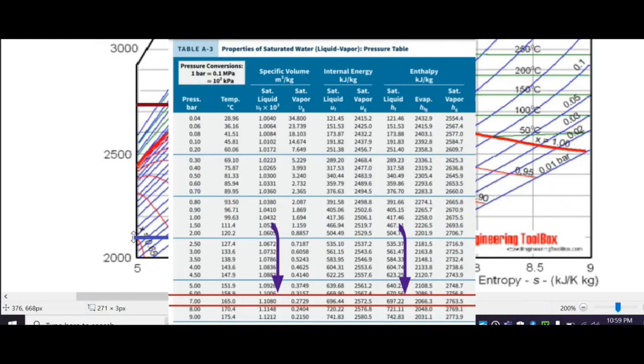So we have to find out the value of HF, that is for the saturated liquid line and the pressure equal to 7 bar, that is equal to H7, which is equal to 697.23 kilojoule per kilogram. Now at this point we will also find out the specific volume, that is VF. So VF7 is equal to 0.001080 meter cube per kilogram.